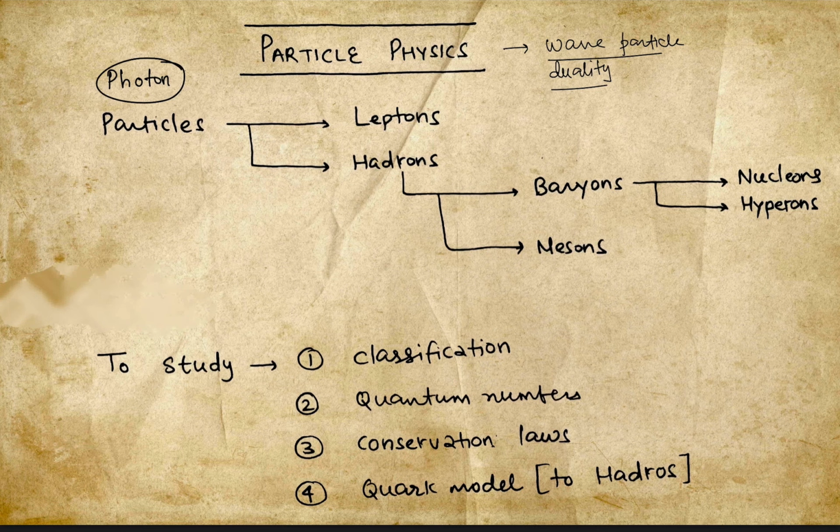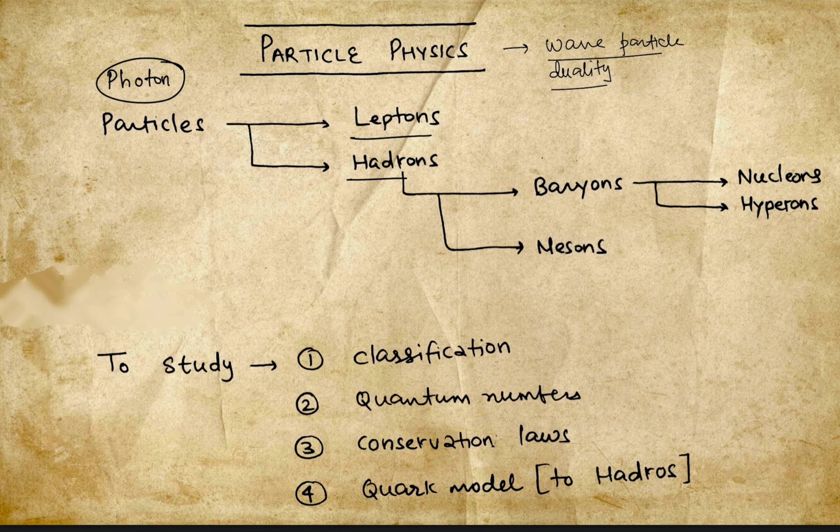So let us have a broader classification. Particles are either leptons or hadrons. Hadrons are divided into two parts, baryons and mesons, and baryons are further divided into nucleons and hyperons. This is the basic classification which we will learn.